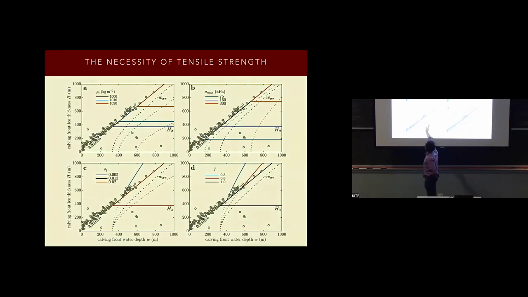So when the basal friction is too high, what happens for the blue line here is that you can actually calve while still grounded. If your basal friction is not strong enough, then in this case you would calve while still being grounded. As soon as you drop with those dotted lines below that threshold, then that's what I showed. You would calve at flotation.